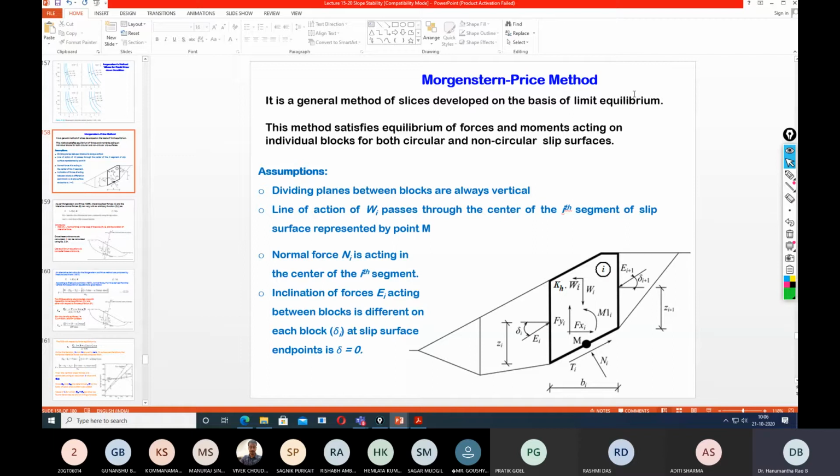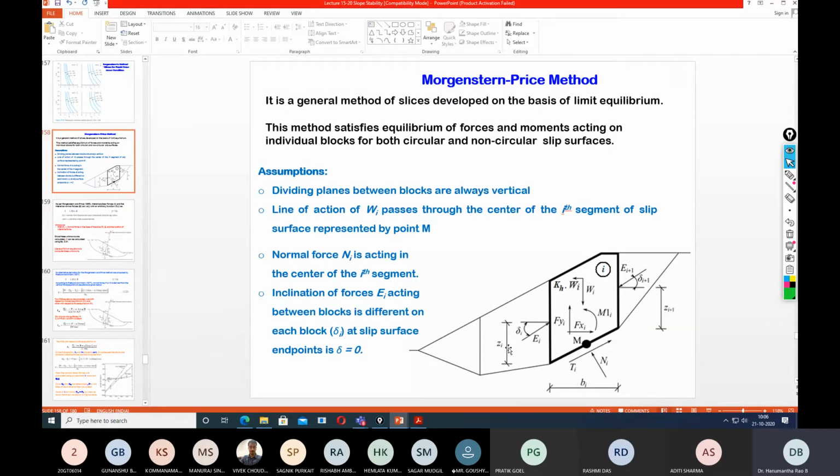So I can summarize in this way. As per the Morgenstern and Price method, the slip surface may be circular, or may not be circular. This is an important point. Second, this method considers the interslice forces on either side of each slice.